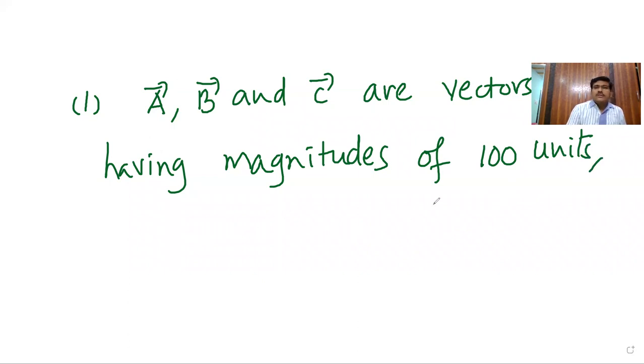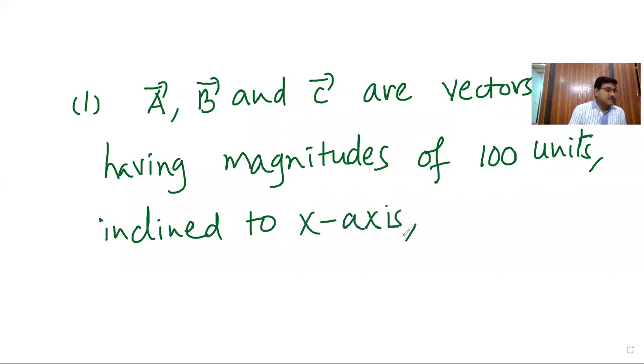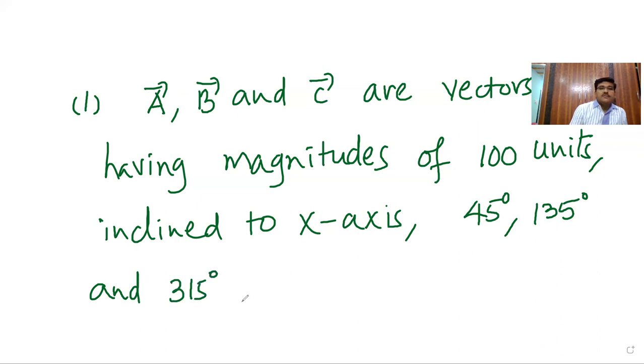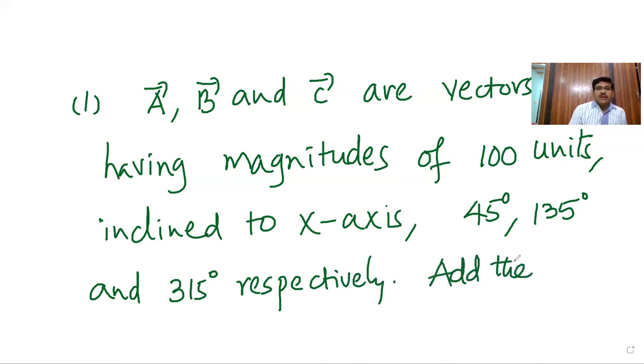All of them have the same magnitude, 100 units, inclined to the x-axis at 45 degrees, 135 degrees, and 315 degrees respectively. Add the vectors.